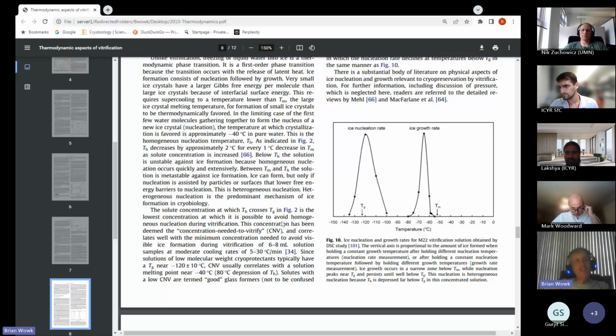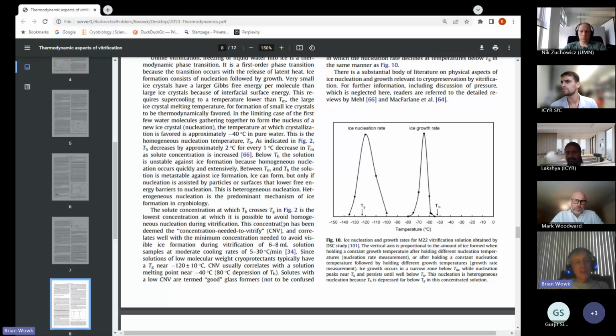We found the ice nucleation rate in organ vitrification solution is actually maximal at the glass transition temperature, and continues for at least 10 degrees below the laboratory measured glass transition temperature. And I'm not quite sure where it stops, but I think to be safe, you need to store at least 15 degrees below the glass transition temperature, probably even colder.